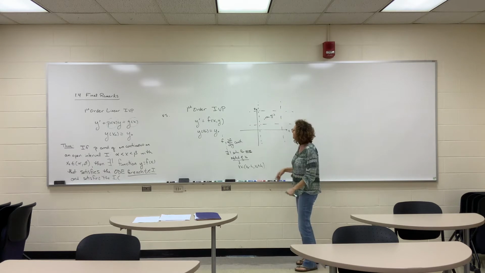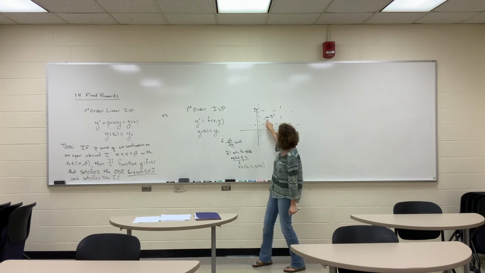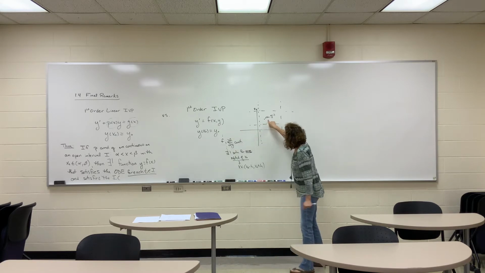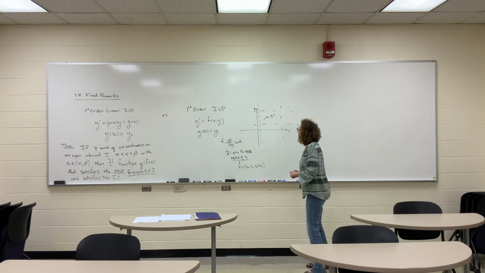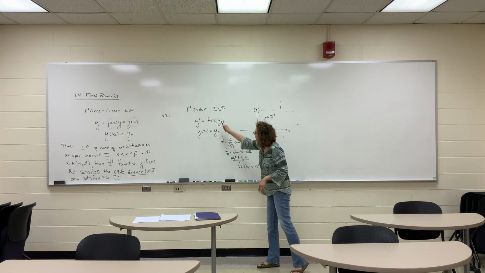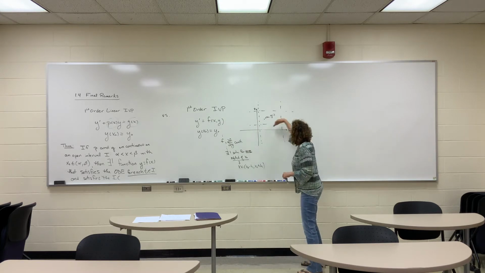That would define a rectangle, and my initial condition would have to have both x and y coordinates within that box in order to guarantee the existence of a unique solution. The continuity of this function and its partial with respect to y help you determine that.